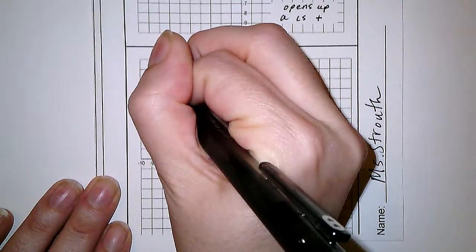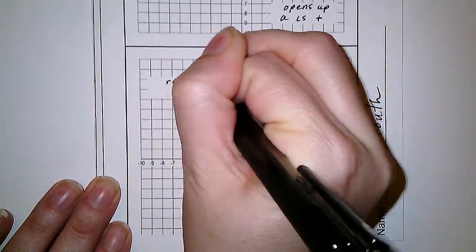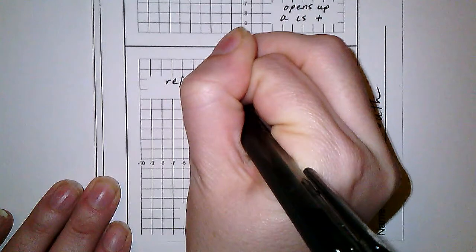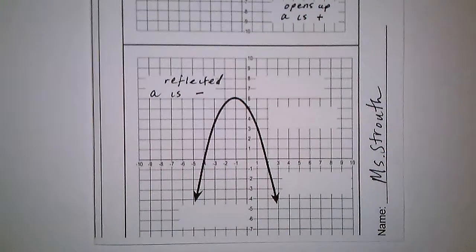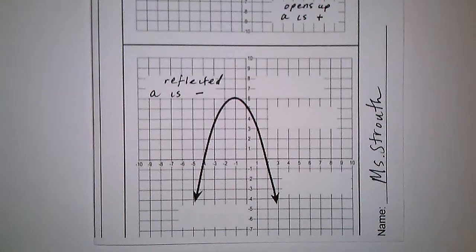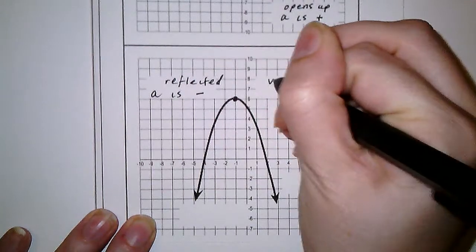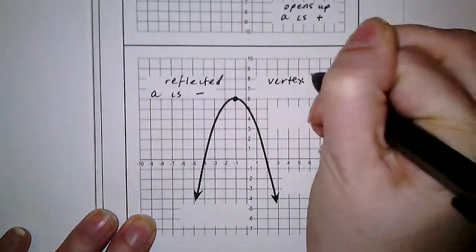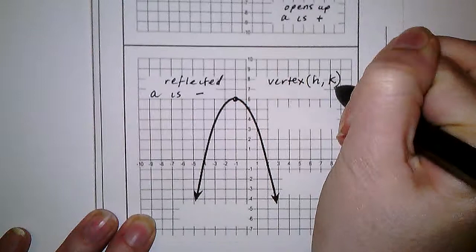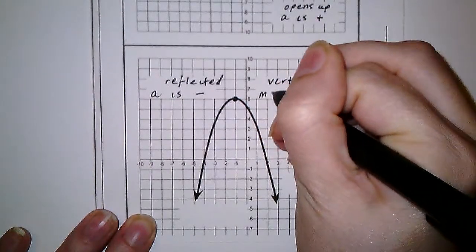So, this is reflected, which means a is negative. That's why it's facing down. And because a is negative, this point right here that's our vertex, and again we're going to name it h, comma, k. Our vertex in this case is a maximum.